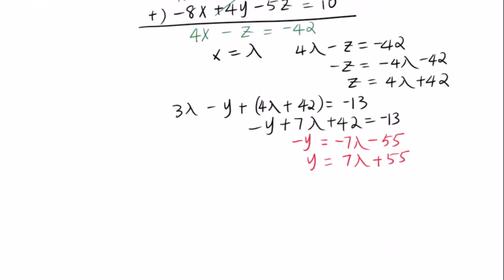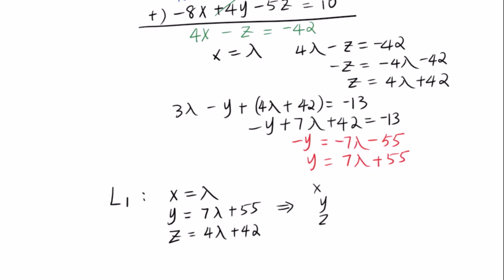In this way, we get the parametric form of L1. x equals lambda, y equals 7 lambda plus 55, z equals 4 lambda plus 42. x, y, z equals 0, 55, 42 plus lambda 1, 7, 4.